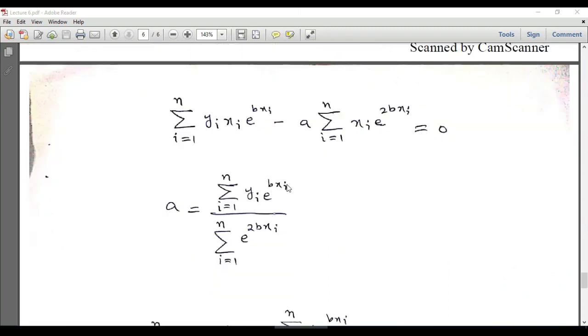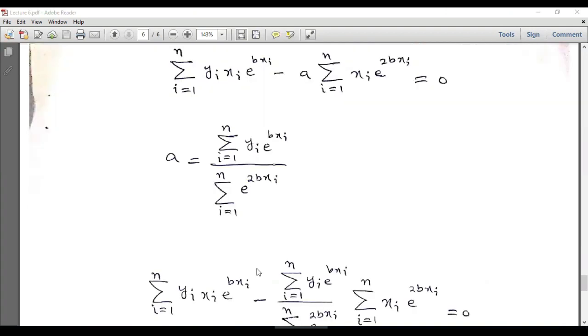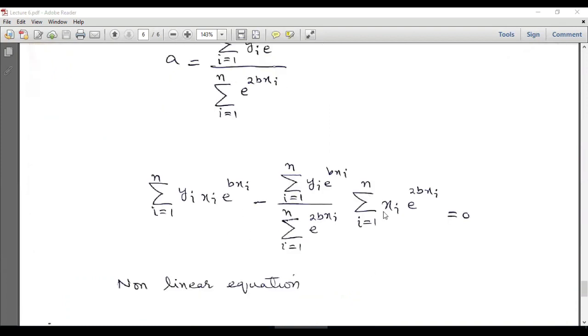Now we can substitute this value of a into the second equation, and this second equation will become this summation minus this expression for a multiplied by this summation. So this is our final equation, and we can see that this is a nonlinear function, and in this nonlinear function we actually have only one unknown variable, which is b.